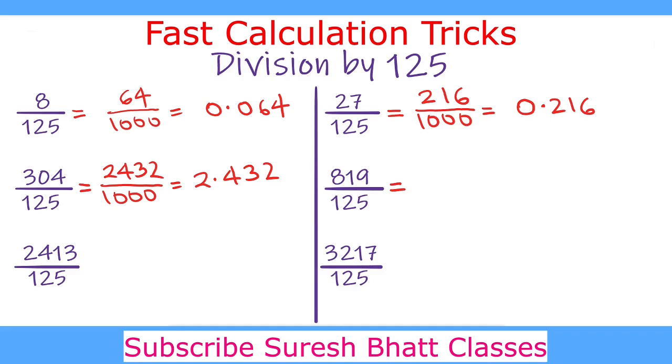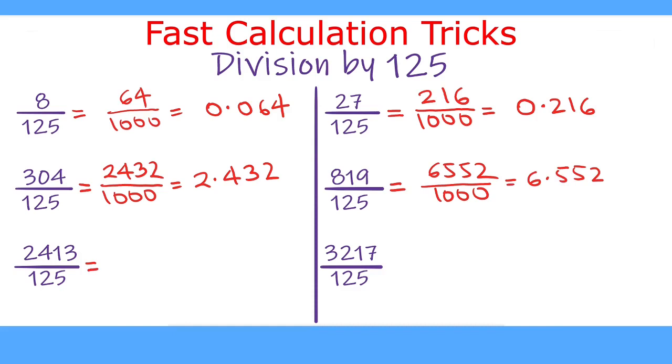So we split 819 into 800 plus 19. So 19 times 8 is 152, and 800 times 8 is 6400. 6400 plus 152 is 6552 divided by 1000. This gives us 6.552.